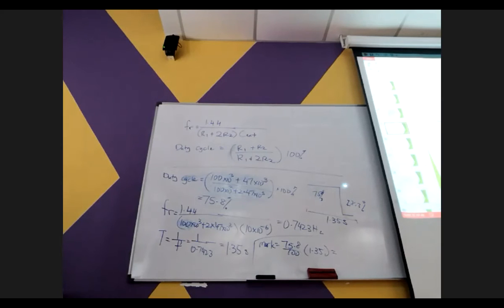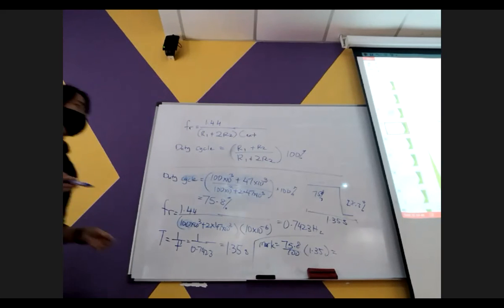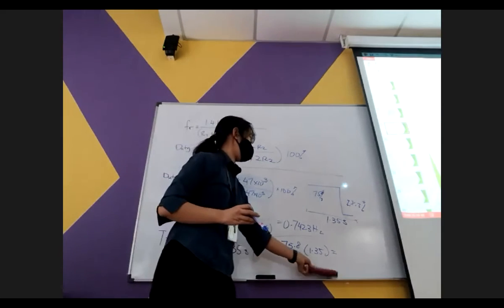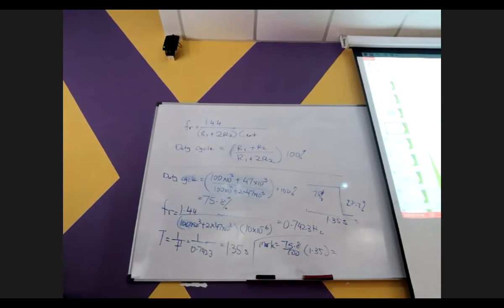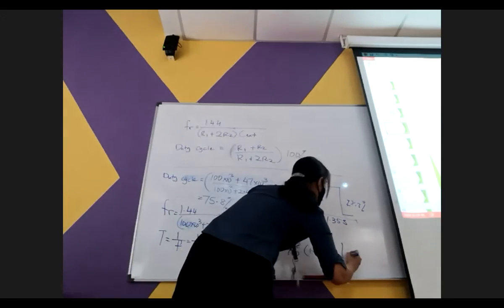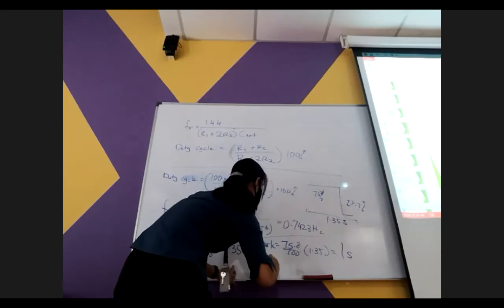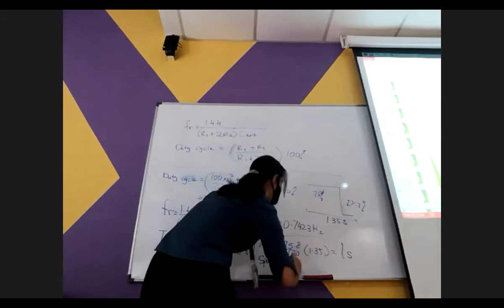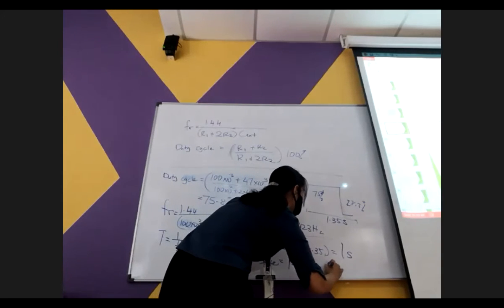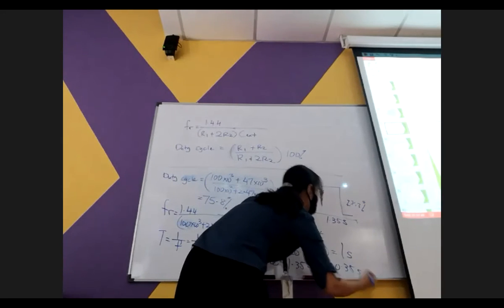What's the answer? 75.8% of 1.35 seconds is around 1 second. Space equals 1.35 minus 1, which is 0.35 seconds.